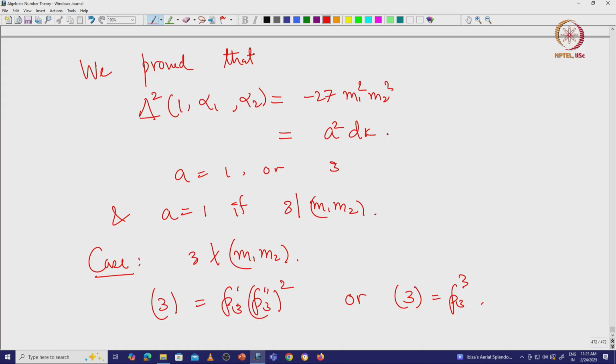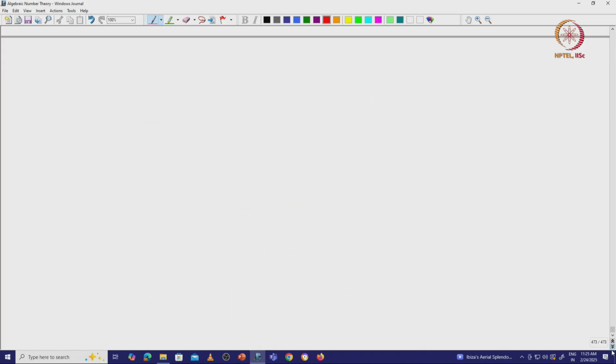So we have to consider these two cases. 3 is definitely ramified, so you can't have 3 to be inert or to be split into 2 primes, because it is ramified.